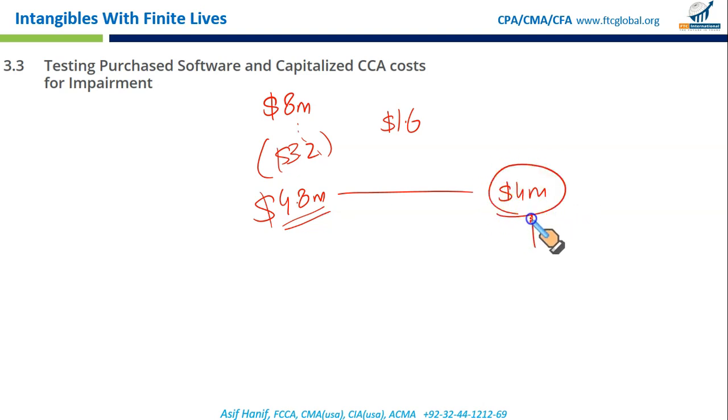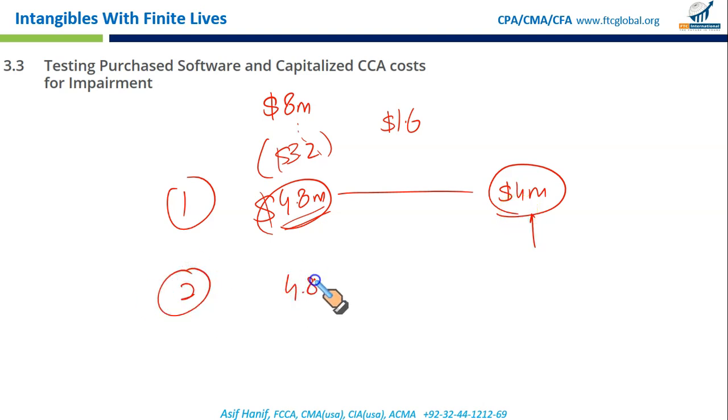Now this is the undiscounted future cash flow sum. This is the carrying value. This is the first step which tells us that the asset is impaired. Right? The carrying amount of $4.8 million is more than the undiscounted future cash flows. In the second step, we compare the carrying value with the fair value, and let's say the fair value is $3 million.